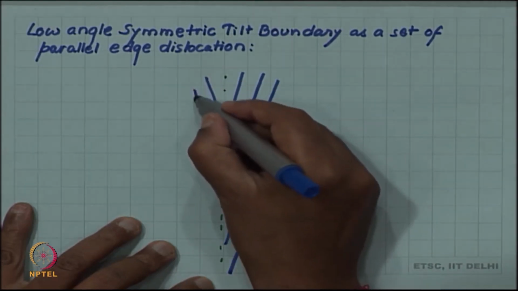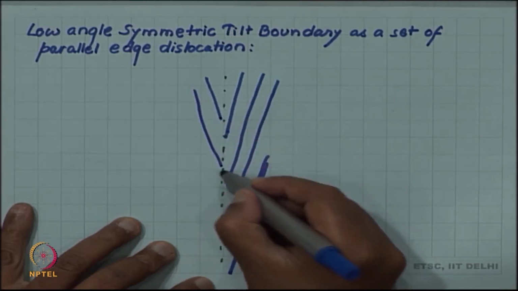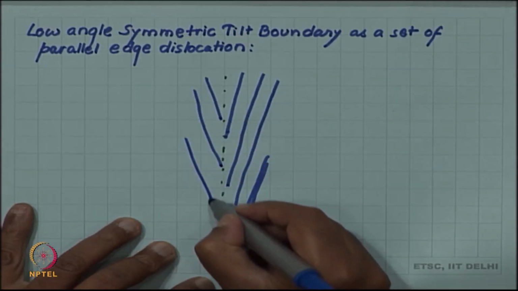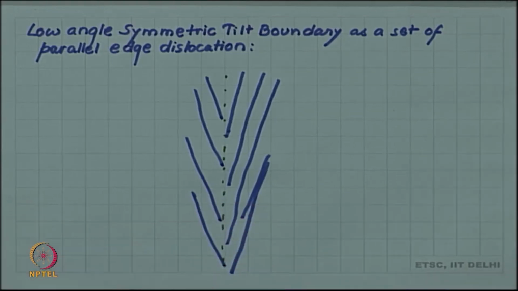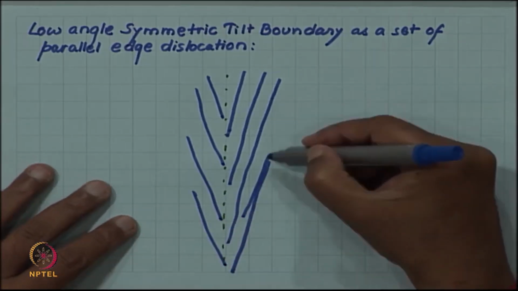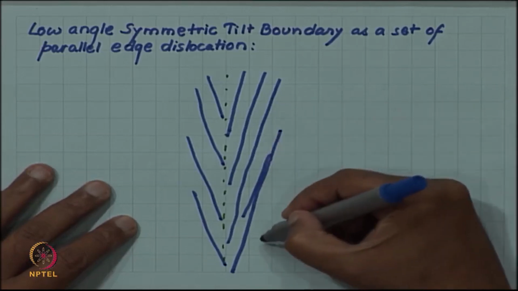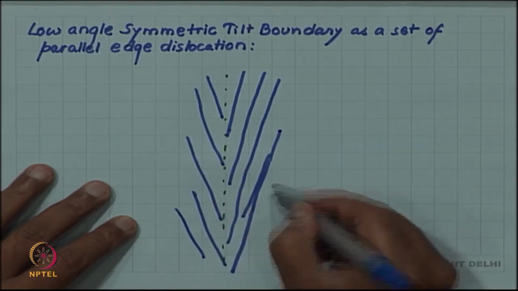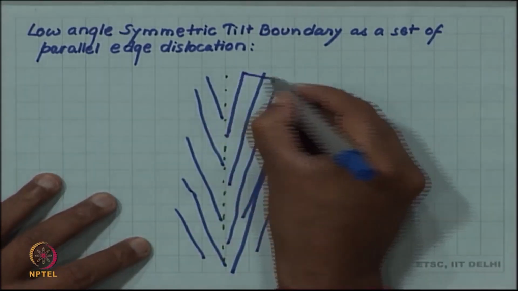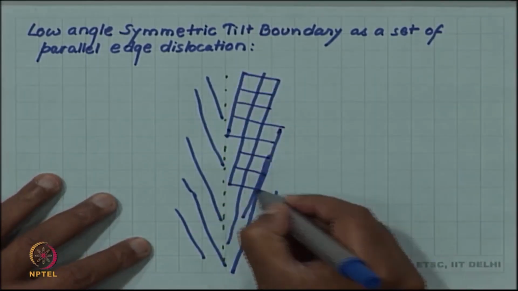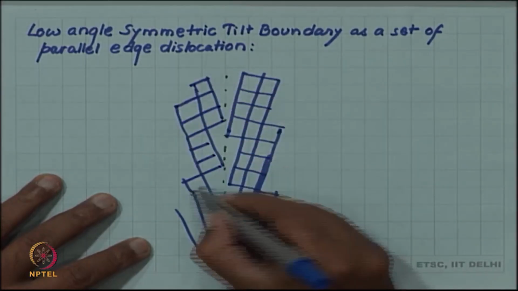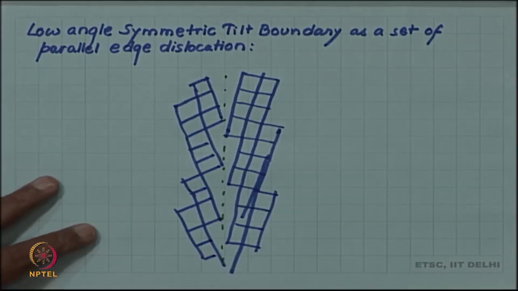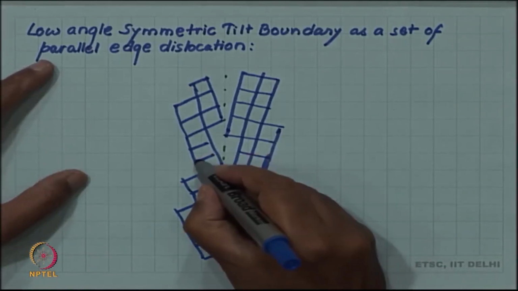And from the other side also the planes will come, and they will also end at the boundary. So, this is the kind of model which you saw. You can of course extend the crystal on either side.